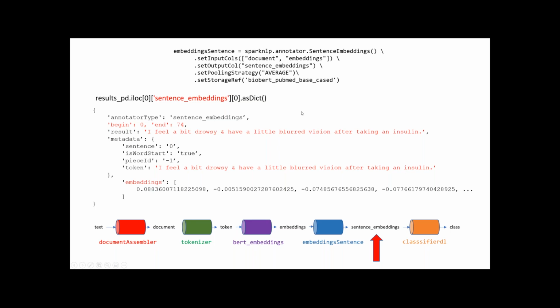We are averaging the token representations into a single sentence representation. But you have different options in Spark NLP. Here you can see the sentence "I feel a bit drowsy and have a little blurred vision after taking an insulin". We are able to represent the meaning of this sentence with a list of 768 float numbers, and you can see here the beginning of this long list.